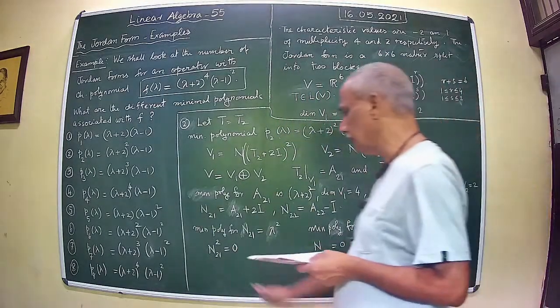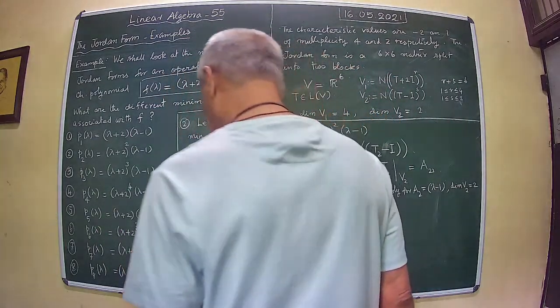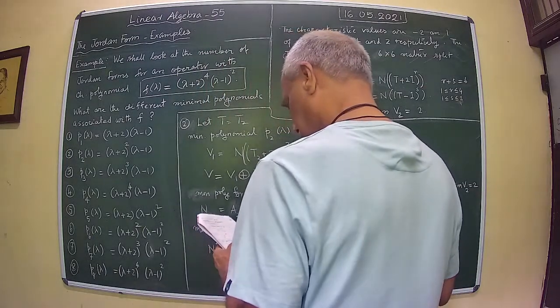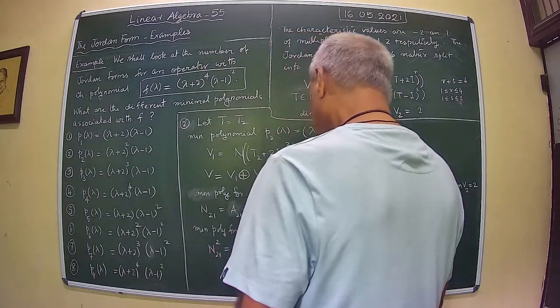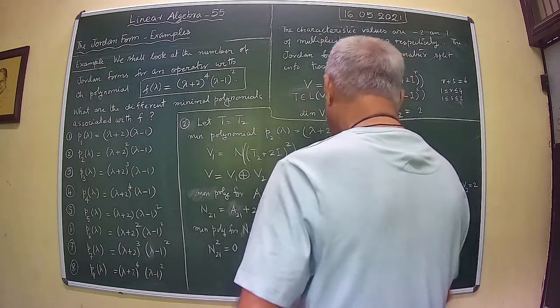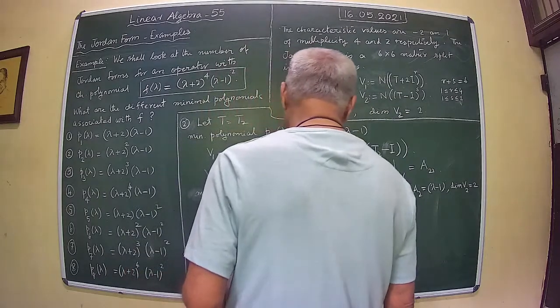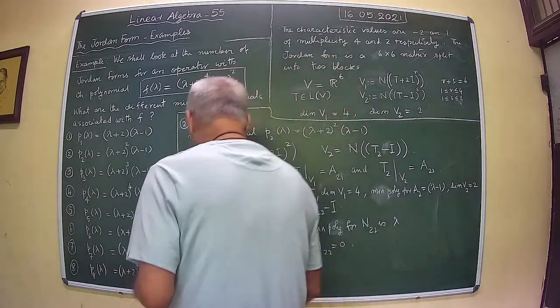Then you have got the corresponding Jordan form, or what you call the rational form for n21 and n22.